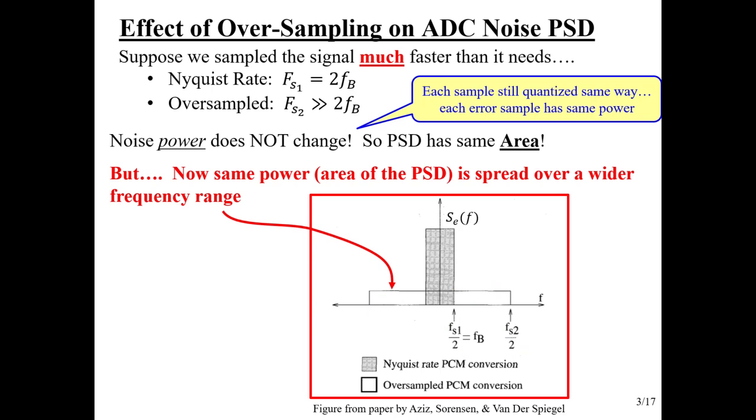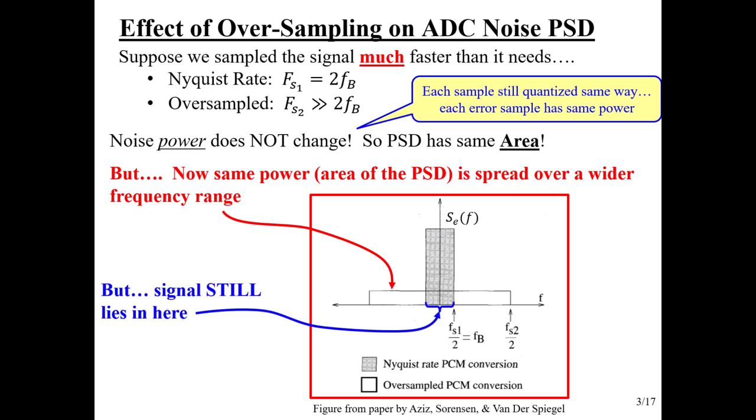So for Nyquist rate sampling, this noise power was here, and it had to have the same area, so it had to be higher. That's the key. We've taken the same area and spread it out wider, so that in the area of the signal, it's much lower than it would have been if we did Nyquist rate sampling.